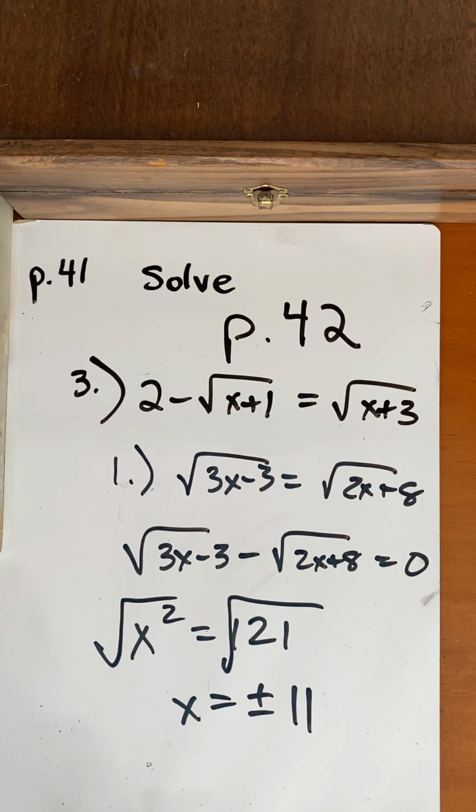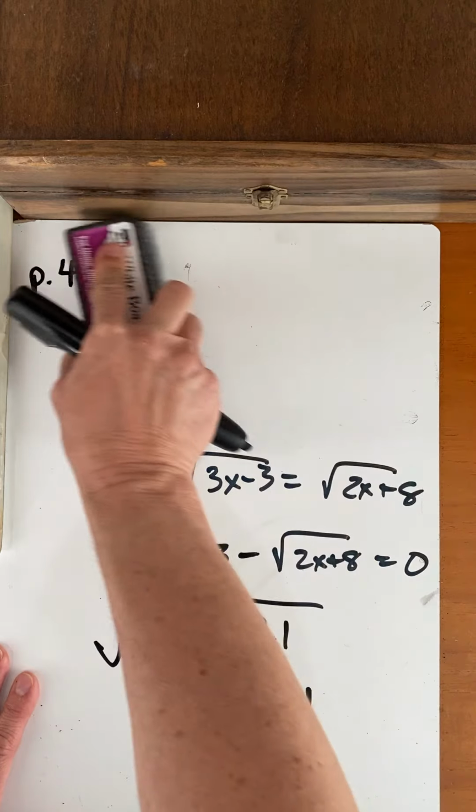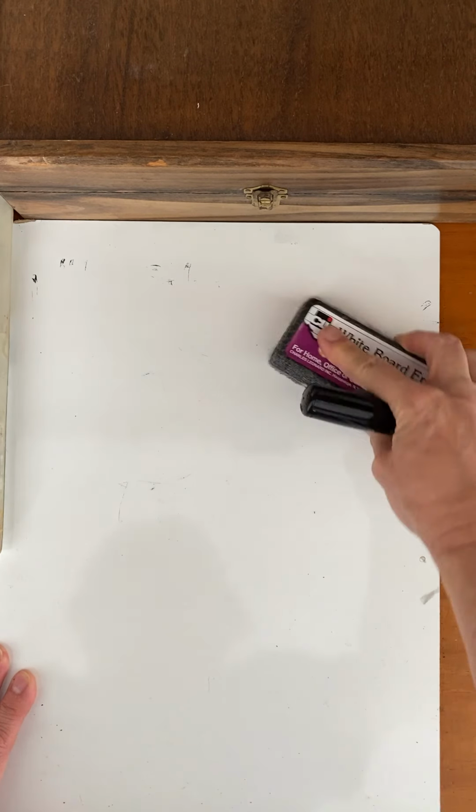I can't tell what the numbers are. But do the problems on the next page. Sorry, I think there might only be 4. Anyway, do the problems on page 42. Stop the video and do them. Actually, we're going to end this video, and on the next video, you'll see the answers to page 42.